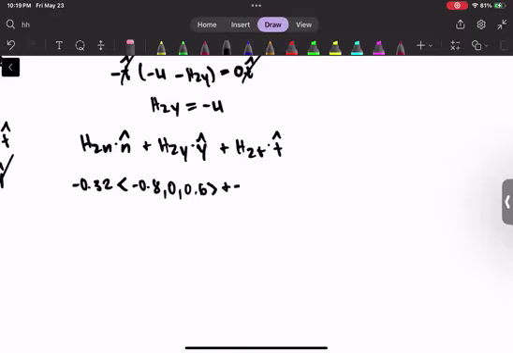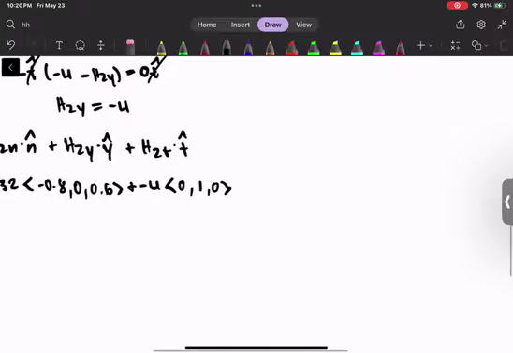Plus H2y was negative 4, and there was only one y hat, with a magnitude of 1, so 0, -4, 0. H2t was 4.2 times 0.6, 0, 0.8.